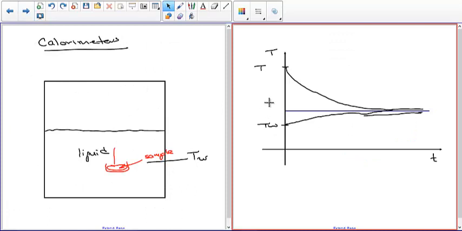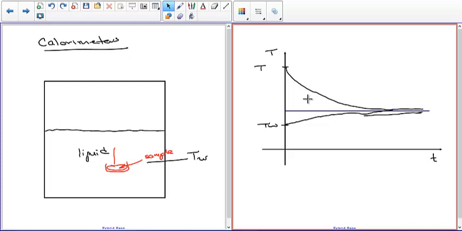So this is a graph. This would be the temperature of the water, which is lower. This is the temperature of the solid object. So when you put them together, this is hotter than that, and the water heats up and the object cools down, and they reach some final temperature which is the same.